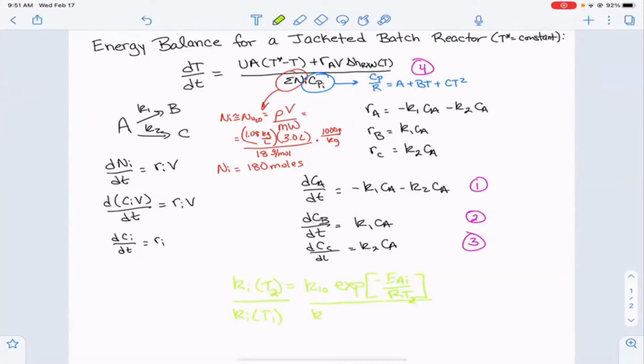divided by ki0 times the exponent of minus Eai over RT1.